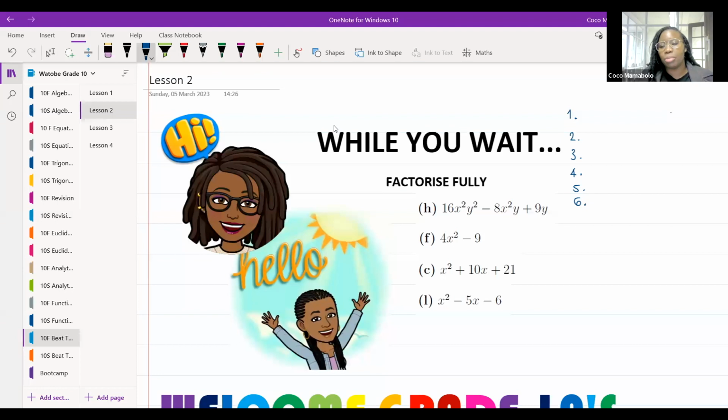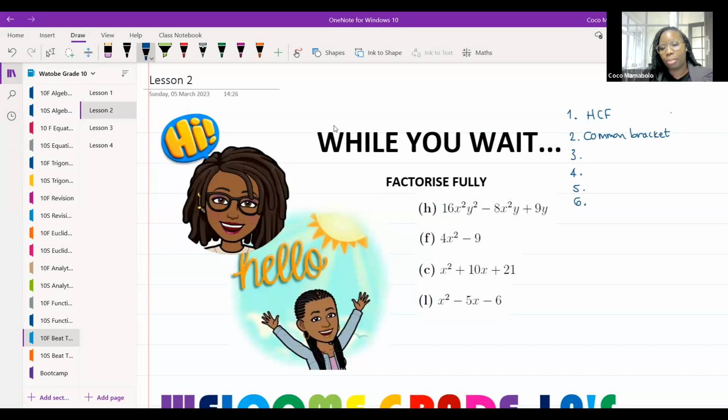Good. It starts with HCF, which is our default setting. Teacher Nels, can you help Busani out? Good. We have HCF, and then we have common bracket.